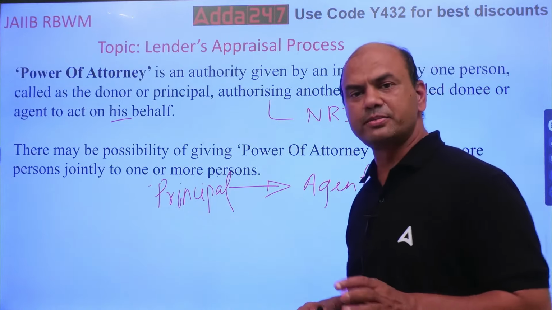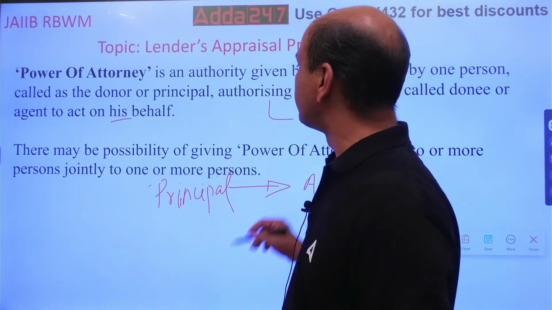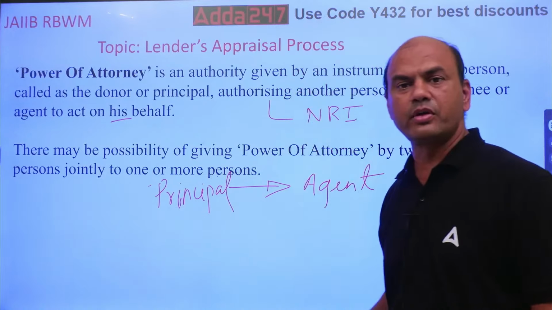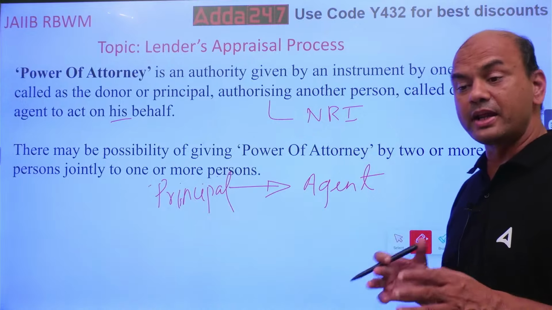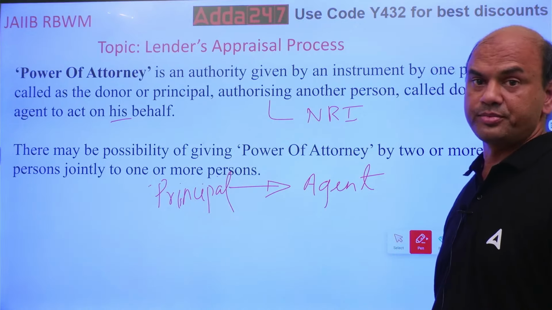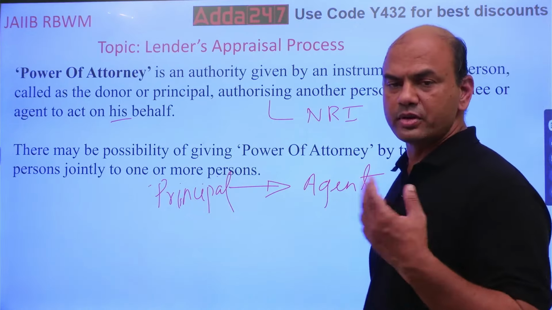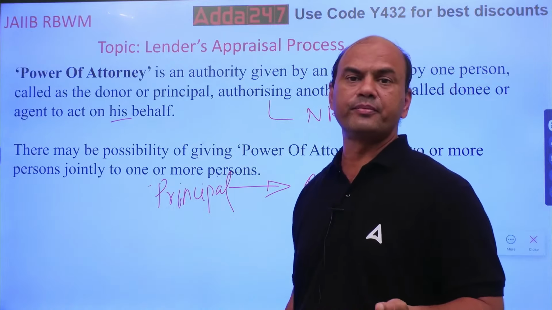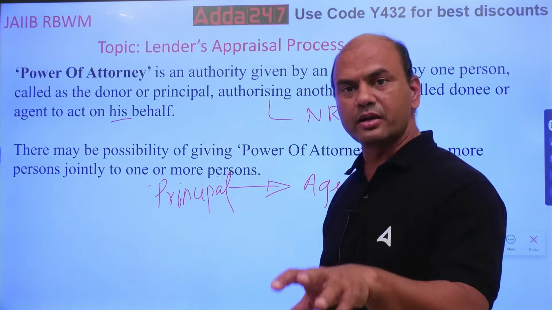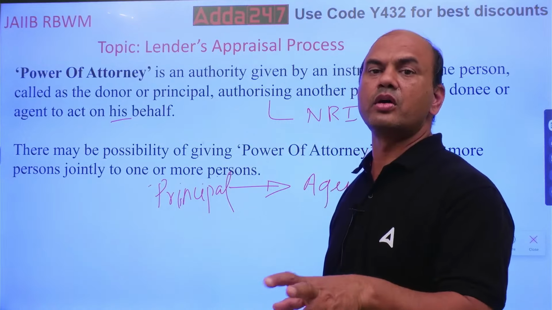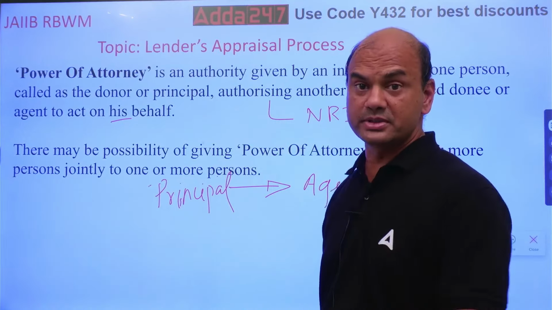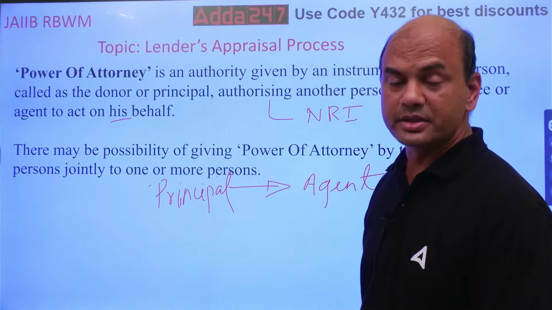Now there are two things in power of attorney. Sometimes you can give the POA for only operating that specific account. I'll be giving you the POA to operate only that account, savings account, current account, or take a home loan, only for one purpose. That is known as specific POA.